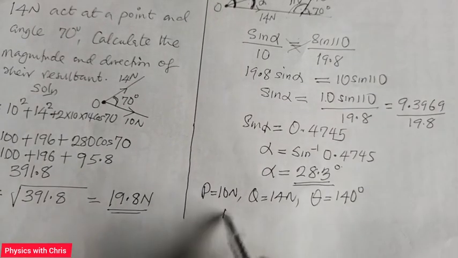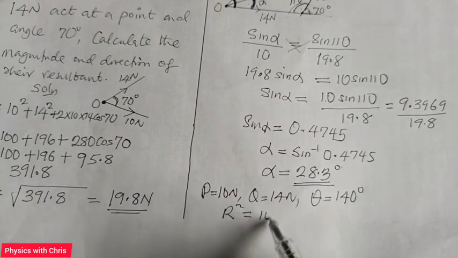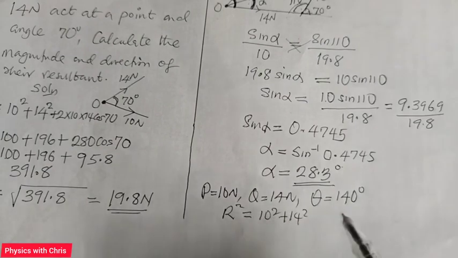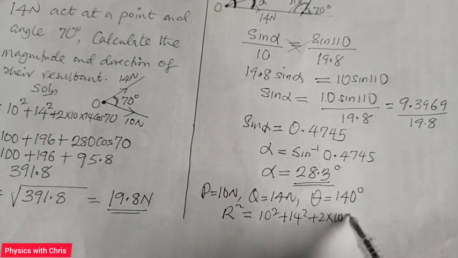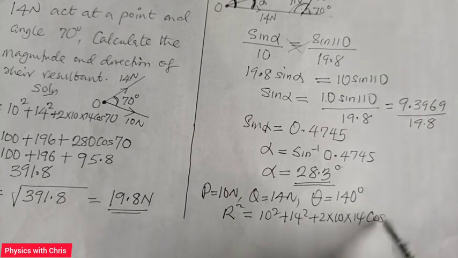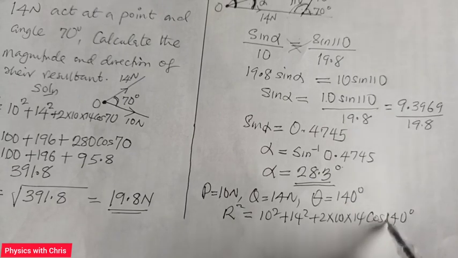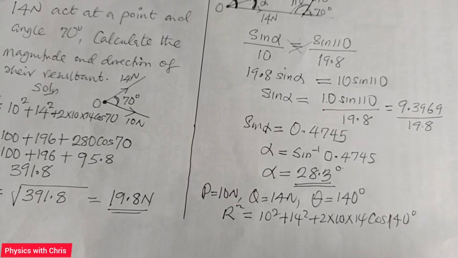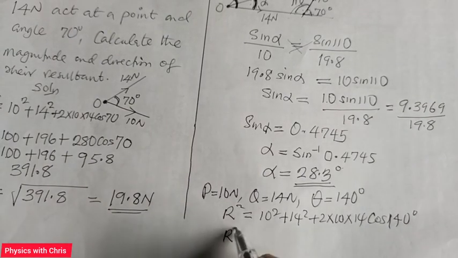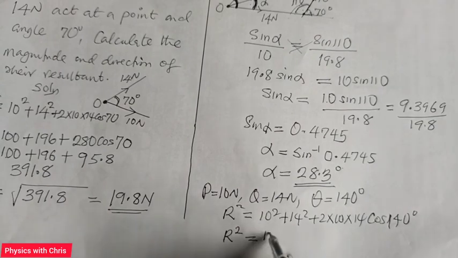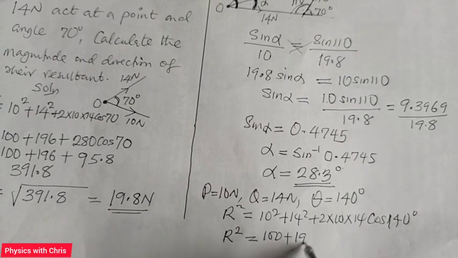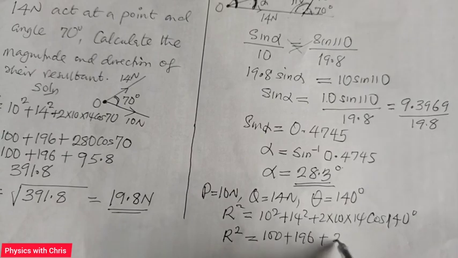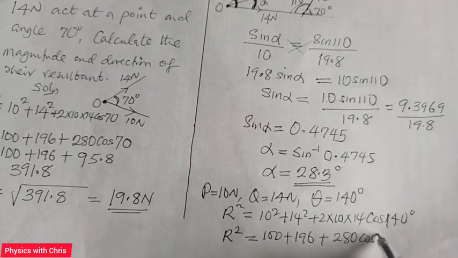In this case, the same formula, R squared equals 10 squared plus 14 squared plus 2 times 10 times 14 cos 140. Now 140 is an angle in the second quadrant because it's an angle greater than 90 degrees. So that gives me 100 plus 196 plus 280 cos 140.